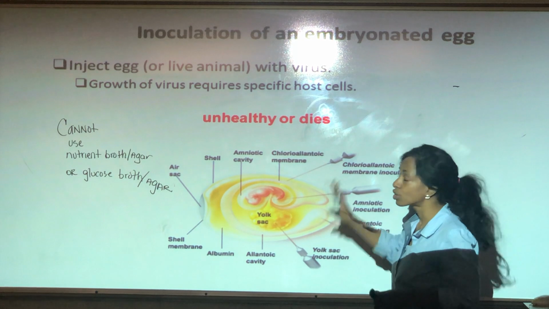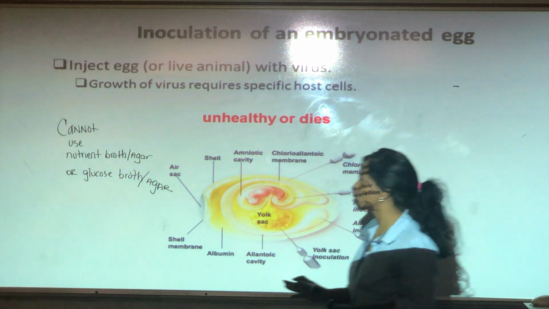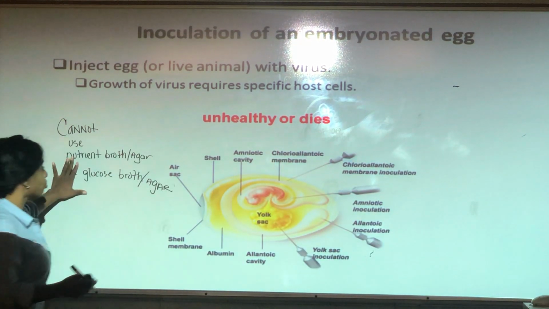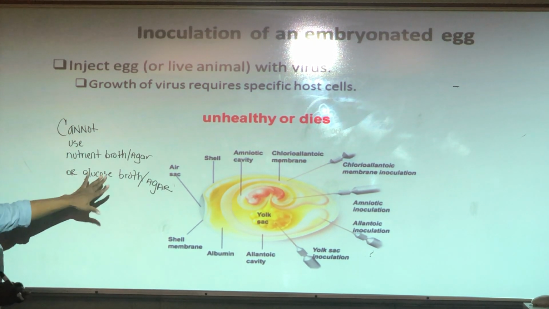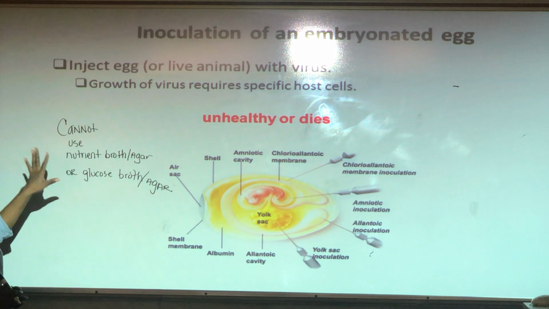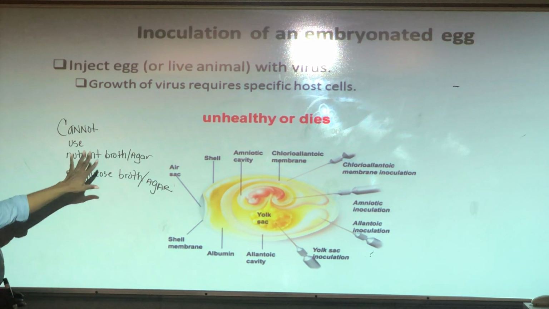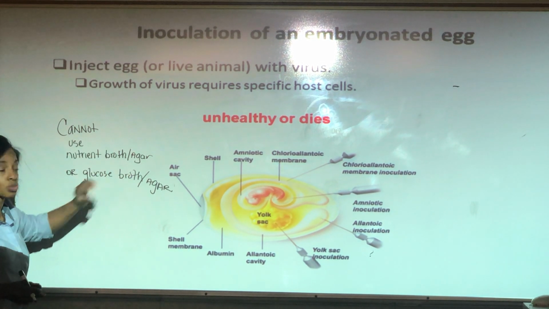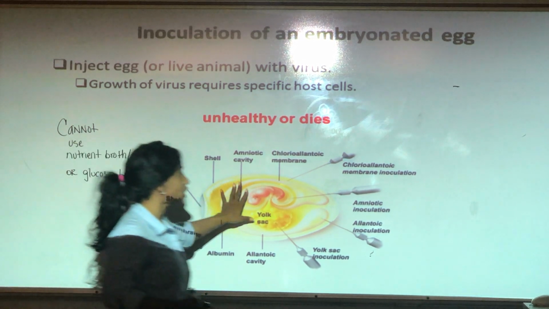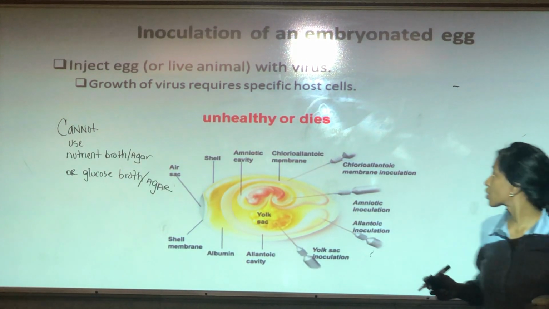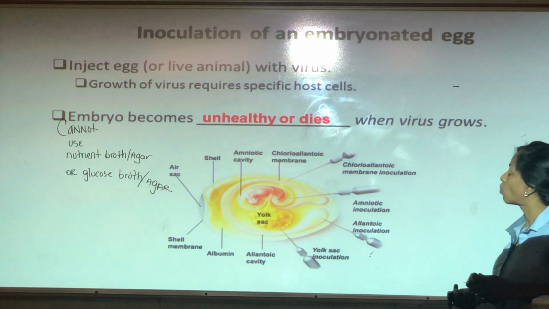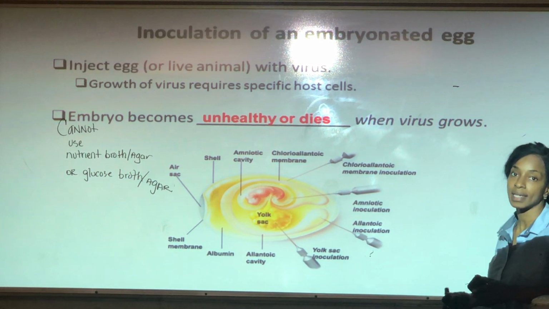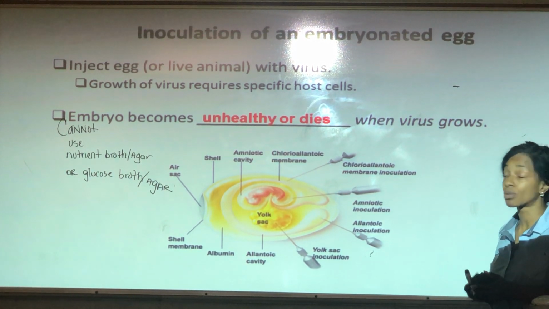So again, in order to grow viruses, you need host cells. So you cannot use nutrient broth or glucose broth or their agar constituents in order to grow the viruses, because inside of these there's no host cells, so this will not work. So if we use the actual embryonated egg or animal, we can see signs when the viruses grow, and the sign is that they either become unhealthy or sick.